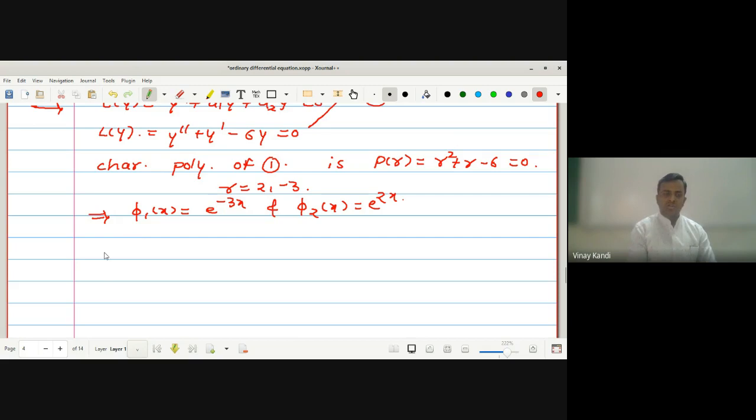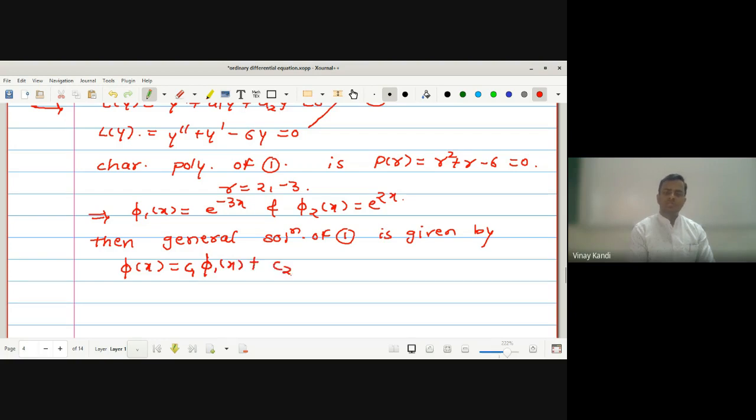Then the general solution of 1 is given by the linear combination of phi 1 and phi 2. That is, phi of x is equal to c1 phi 1 of x plus c2 phi 2 of x, which is c1 into e raised to minus 3x plus c2 into e raised to 2x.